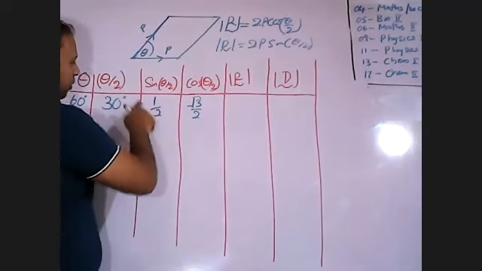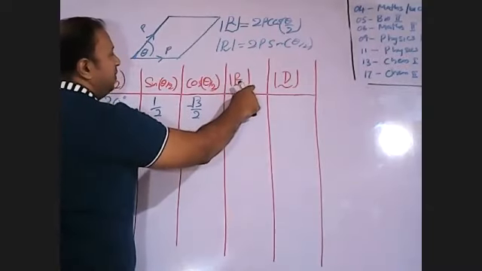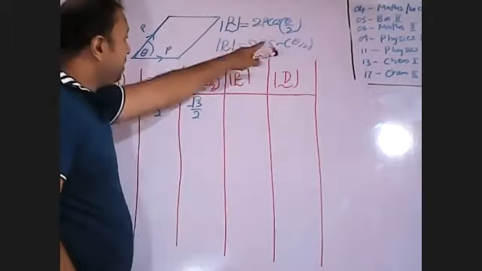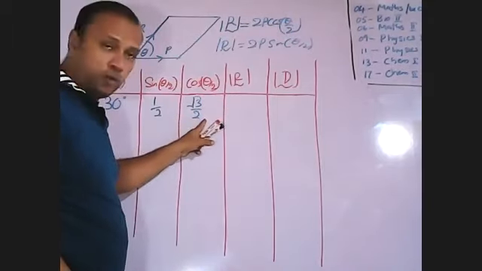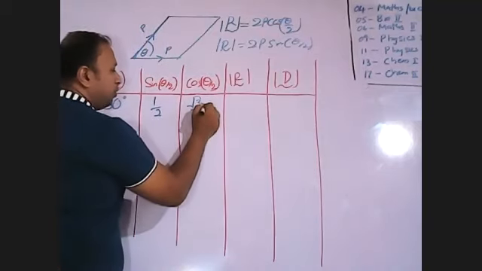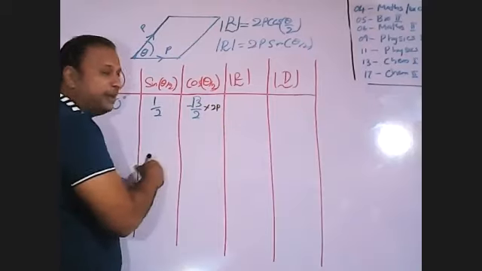Suppose now if you want to find R, I have to use this equation, 2P cos theta over 2. Cos theta over 2 means root 3 over 2. So root 3 over 2 should be multiplied by 2P, no? If it is multiplied by 2P, the 2s will cancel out.